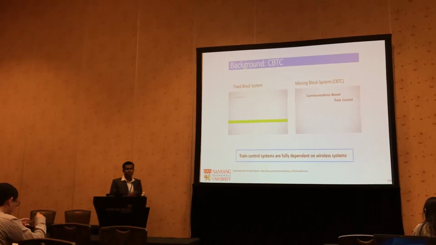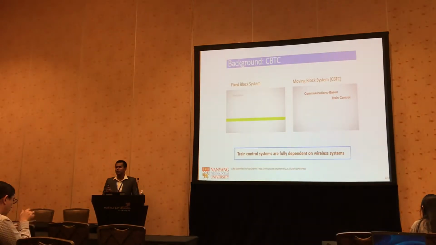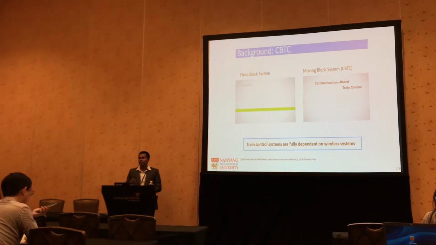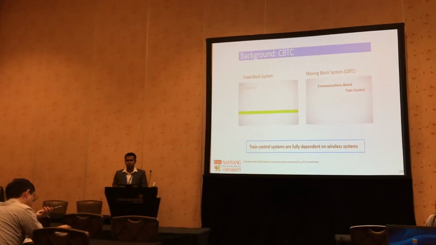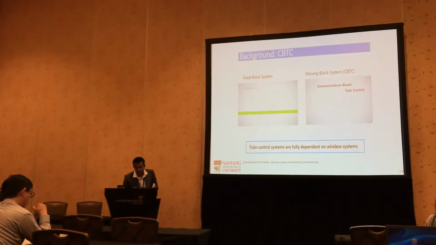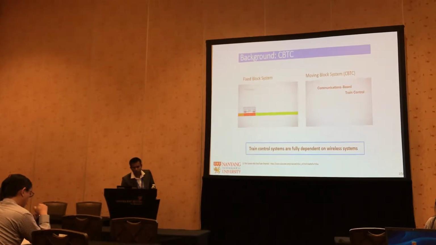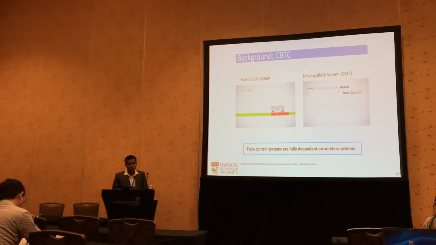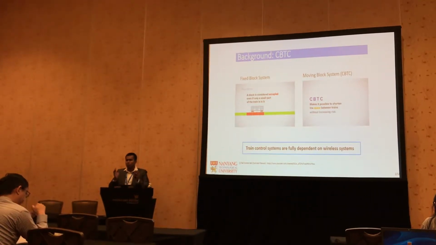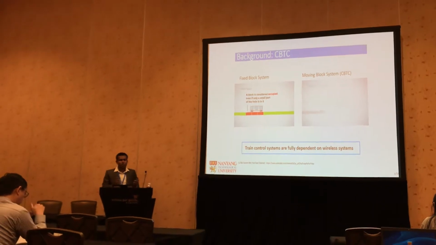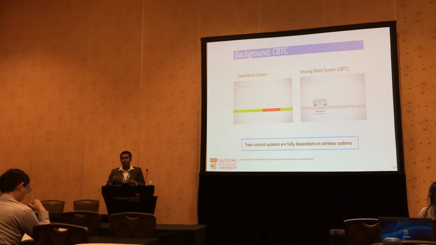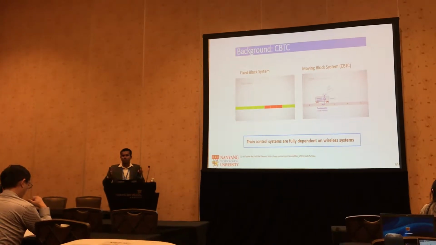Coming to the background, CBTC, communication-based train control. All the train control operations are managed by the help of communication system. If you look into the fixed block systems, the location of train is known by using the block size. Usually whenever the train enters a block, then the operator and the train driver know that he is in a particular block.